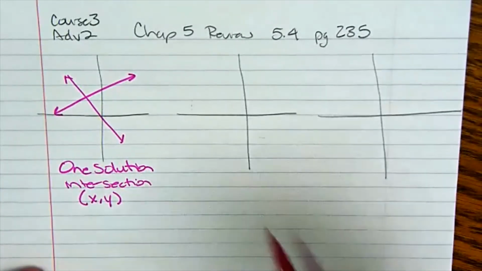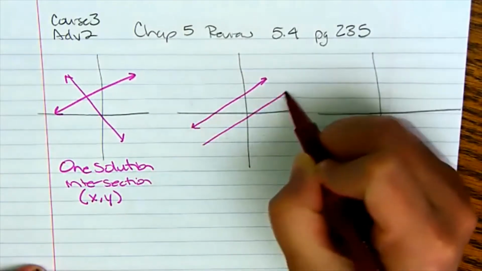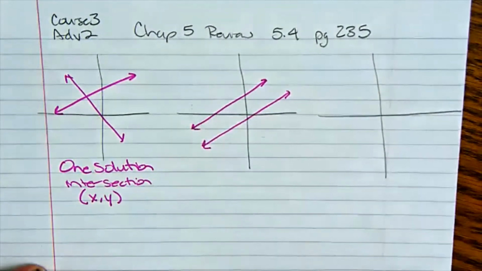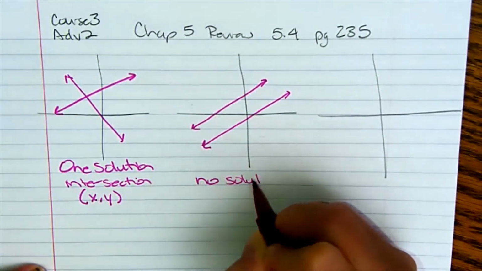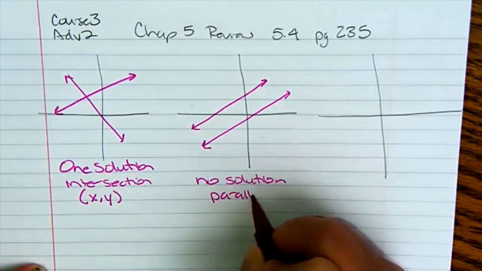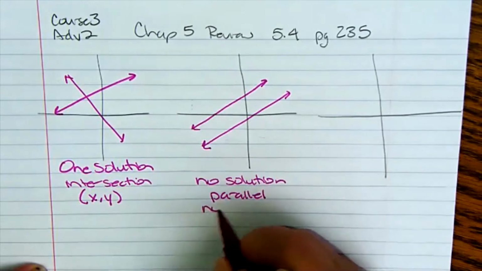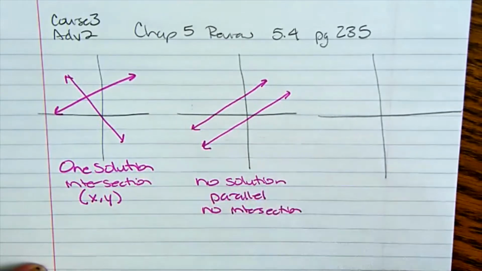Well, sometimes we have graphs that look like this. In this case, there is no solution. That's because the lines are parallel and there is no intersection. They never cross.